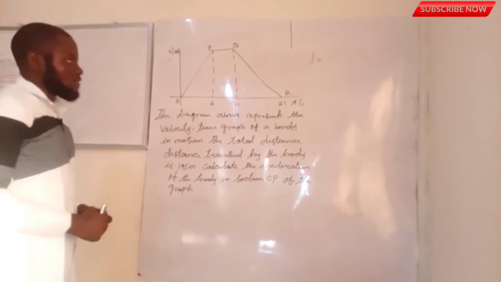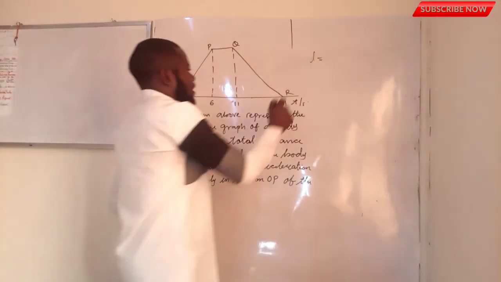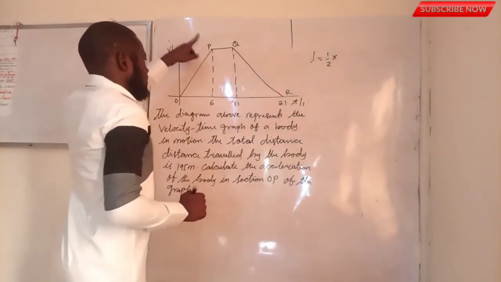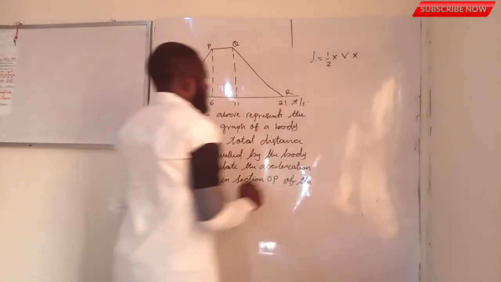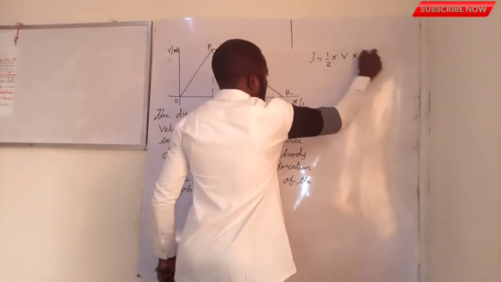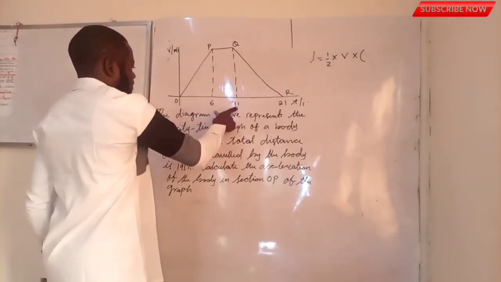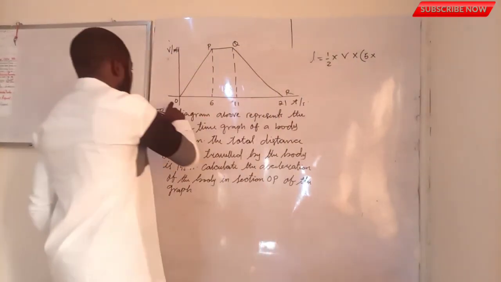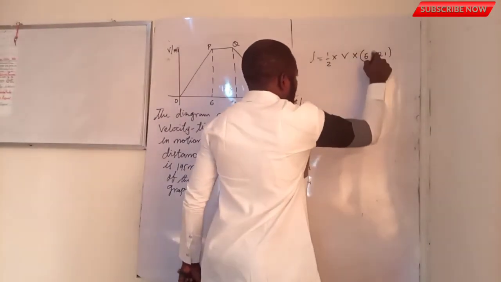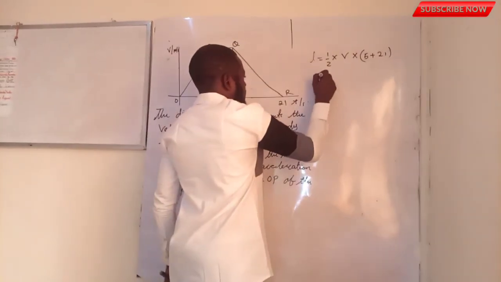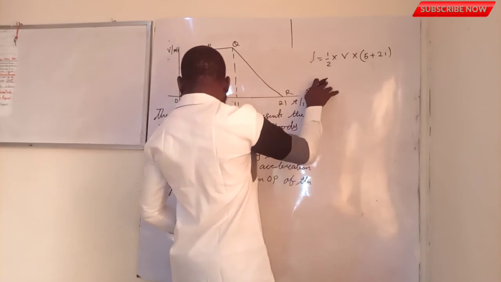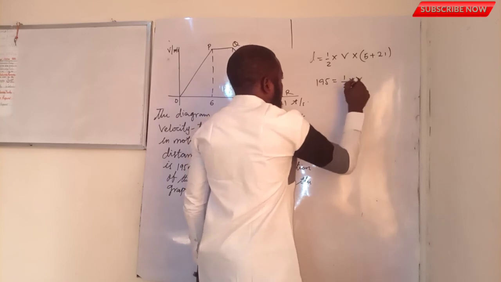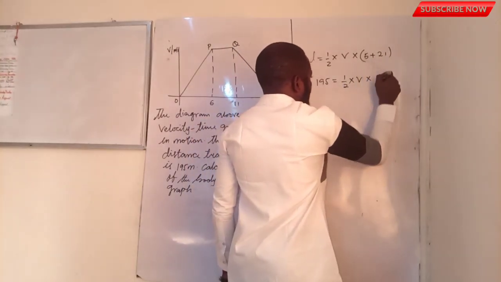Then I think we'll get it. So that will be 1/2 times the height. This height is going to be the final velocity, times the sum of the parallel sides. From here to this place, that's 11 minus 6, that's 5, plus 21, addition. So the total distance is given to be 195, and this will be 1/2 times v times 26.